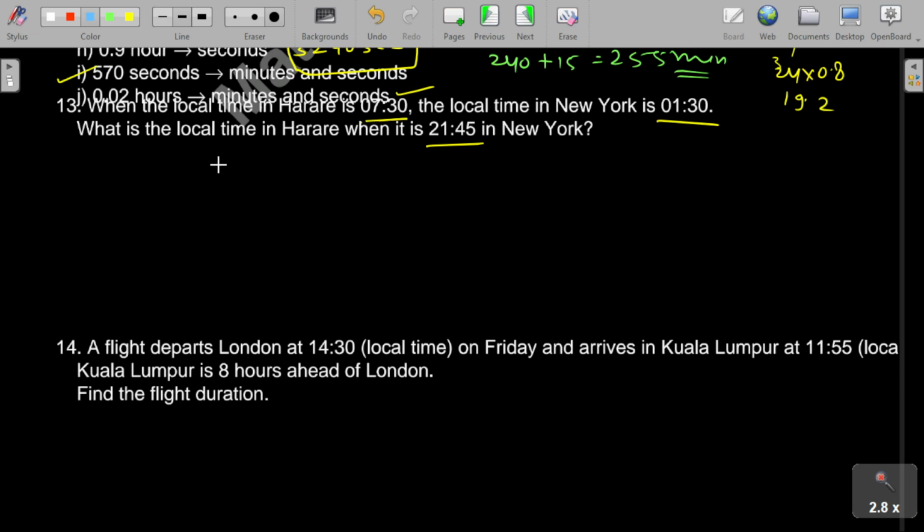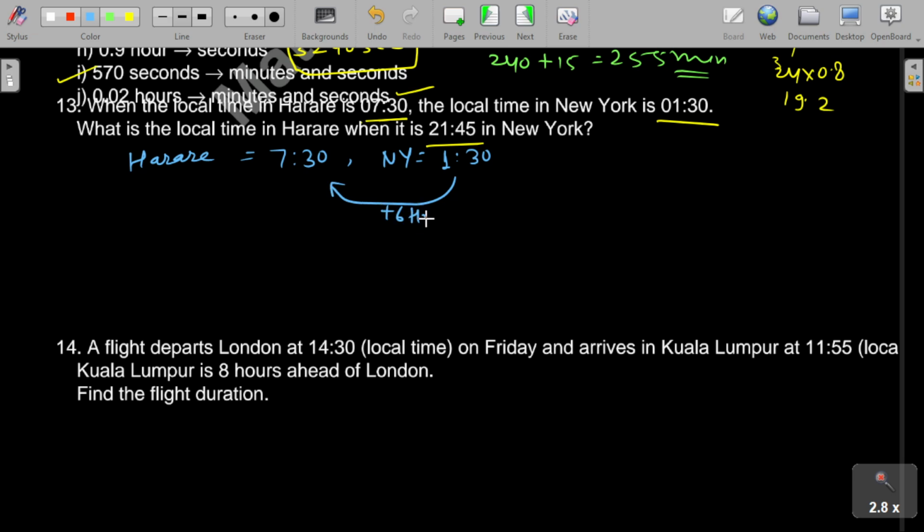We know that when Harare time is 7:30, then New York is 1:30. It means Harare is 6 hours ahead of New York.